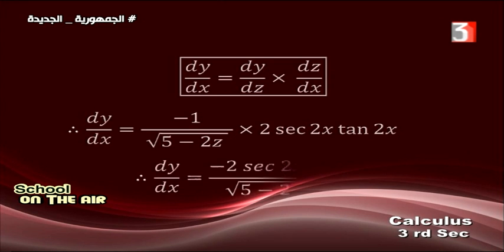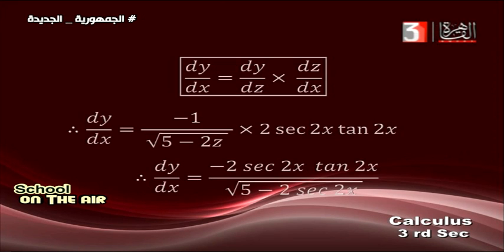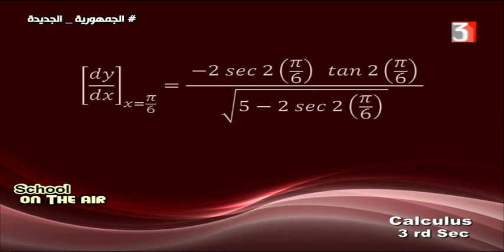And we can write dy/dx in the simplest form: dy/dx equals negative 2 sec 2x multiply tan 2x over square root of 5 minus 2 sec 2x. Now at x equals pi over 6, dy/dx equals negative 2 sec 2 times pi over 6, tan 2 multiply pi over 6, over square root of 5 minus 2 sec 2 multiply pi over 6.